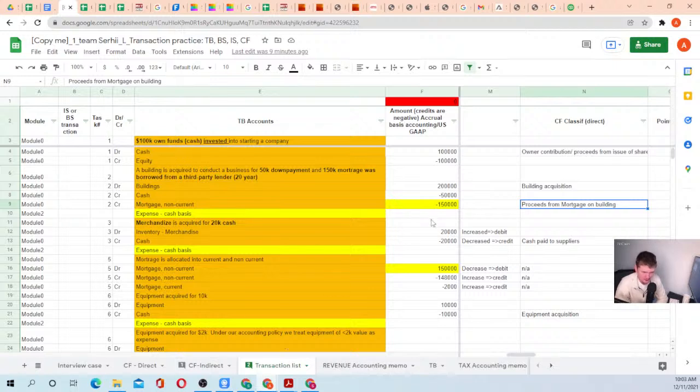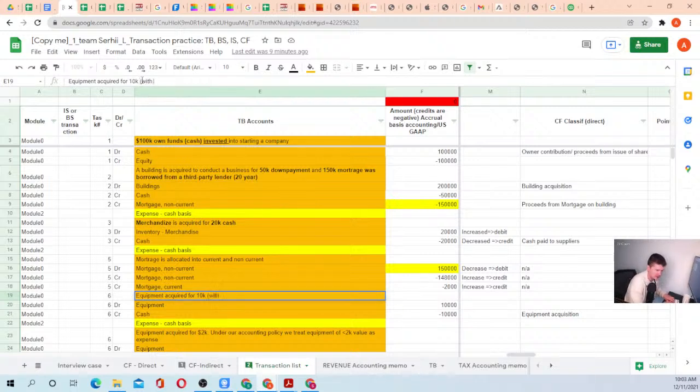If we go to our transaction list, we can find that we acquired, for example, equipment for 10,000 K. Let's add here with an aim to use that equipment to produce goods, services.